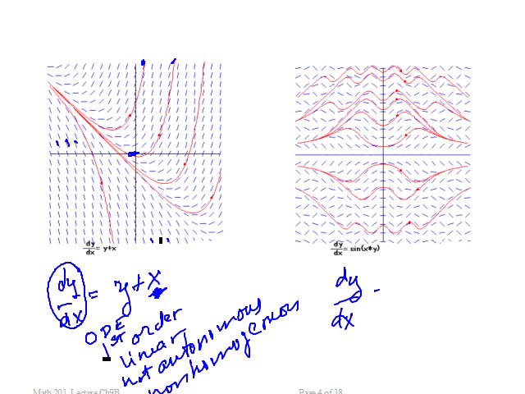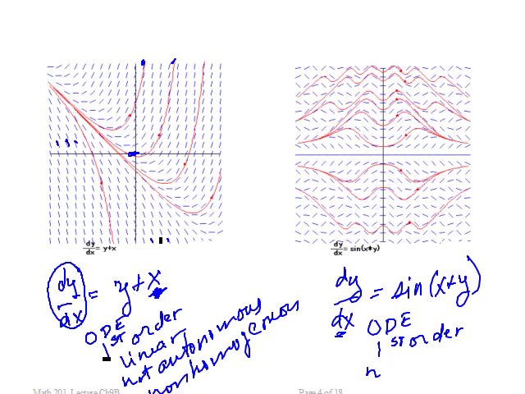dy by dx equals the sine of x plus y. What kind of differential equation is this? It's an ordinary differential equation because it has one independent variable, and that variable is x. What is its order? The highest derivative is the first derivative, so it's first order. Is it linear?